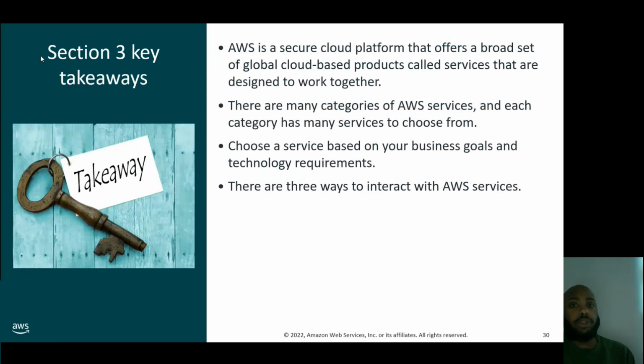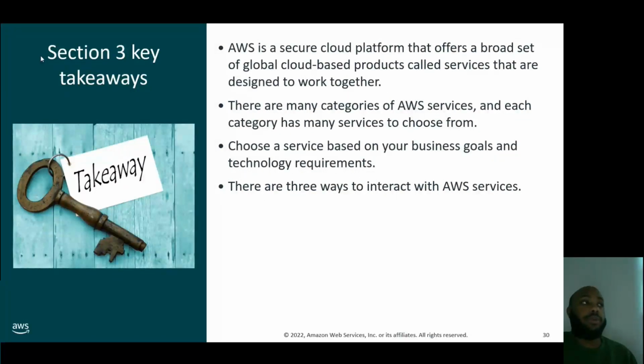And in this section, the 4 key points we want to take away is that AWS is a global cloud architecture platform where you could build global architecture solutions for your business needs or the software or applications that you're running.